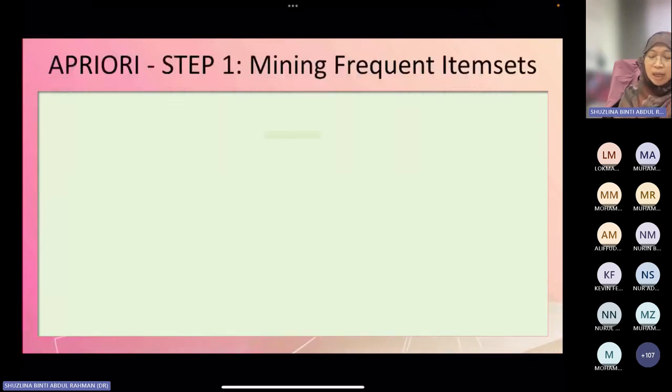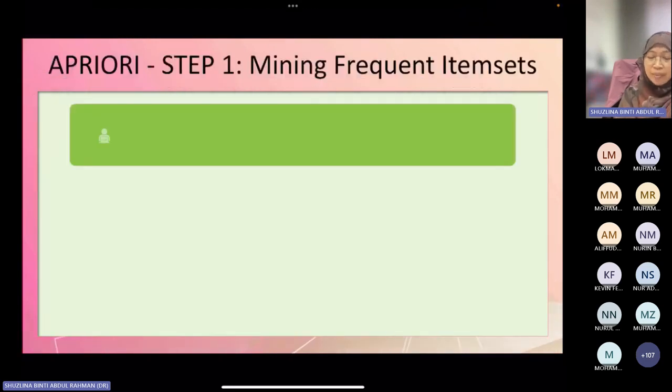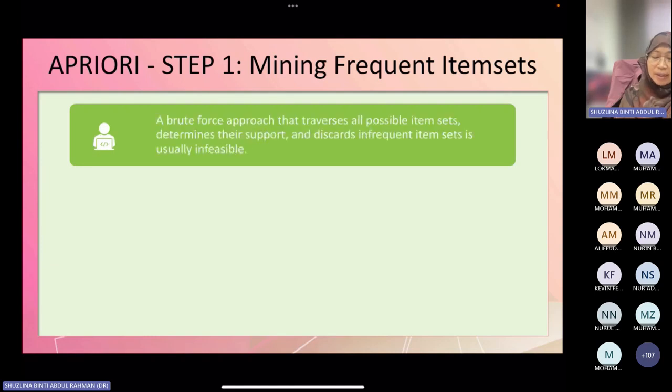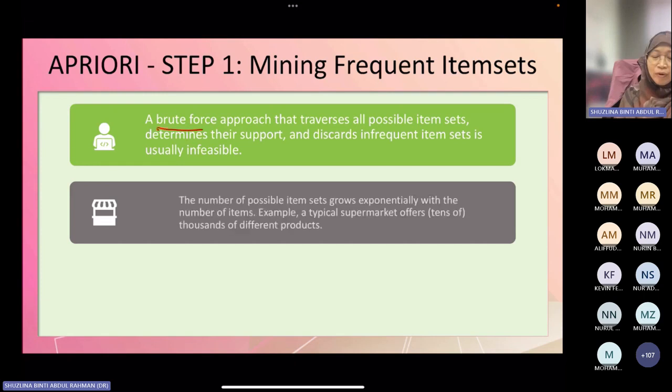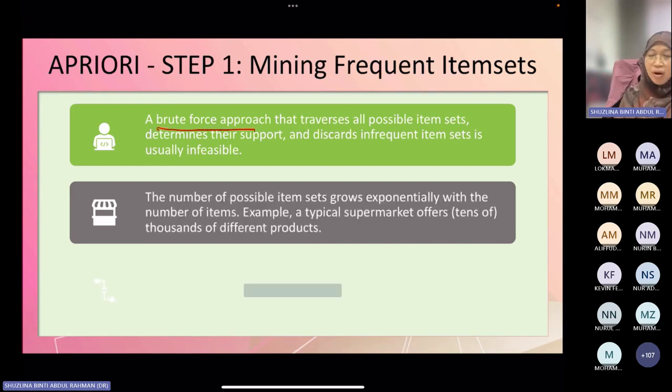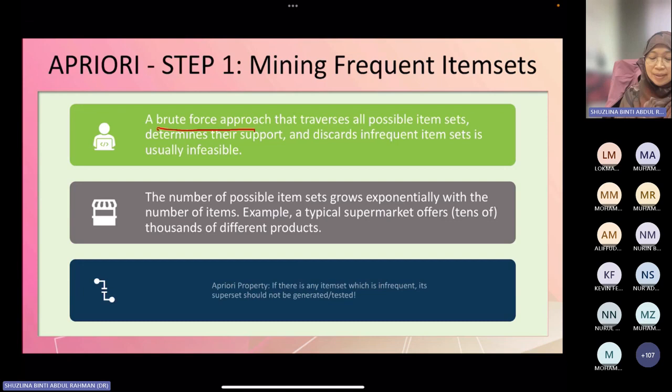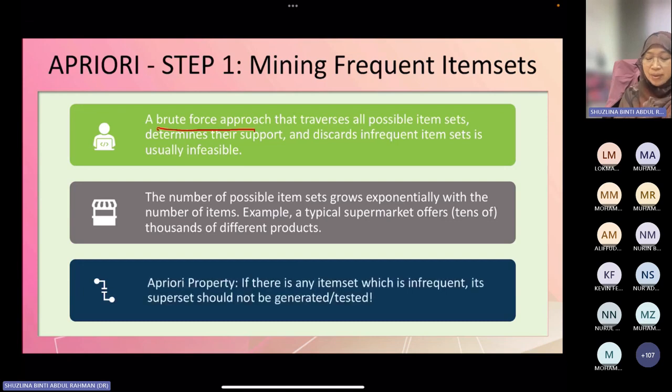So let's have a look at step number 1, mining frequent item sets. It basically follows a brute force approach that traverses all possible item sets by determining the supports and discards all the infrequent item sets, which is usually infeasible.